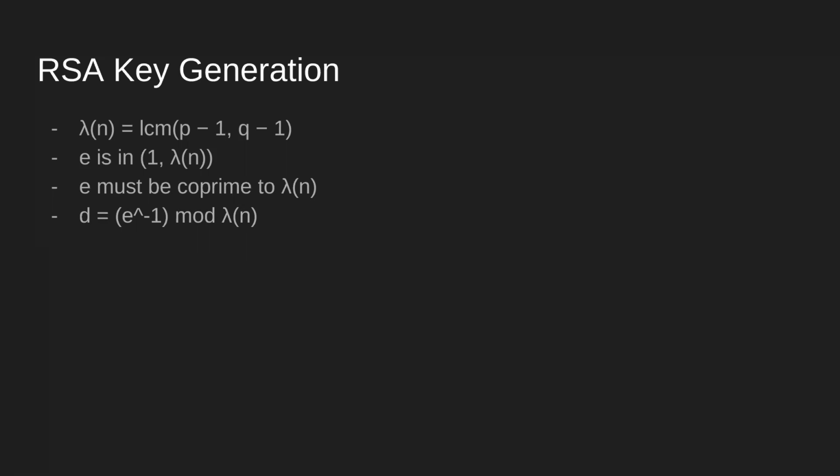And then E has to be picked in this range, and E has to be co-prime to the totient. Usually, for most RSA uses, E turns out to be 2 to the 16 plus 1, I think. I'm pretty sure that's prime. So E is typically the same in a lot of places. And if E is prime, then it'll always be co-prime to the totient of N. And then D is computed by taking the modular inverse of E with respect to the totient of N.